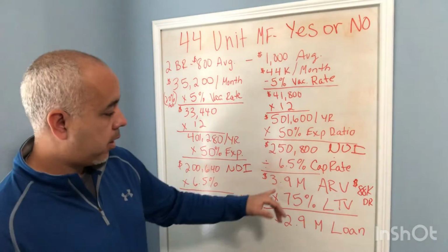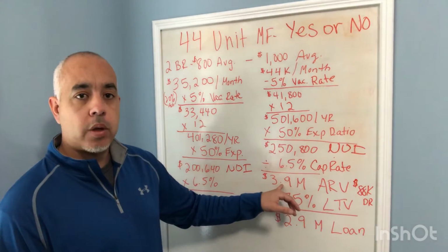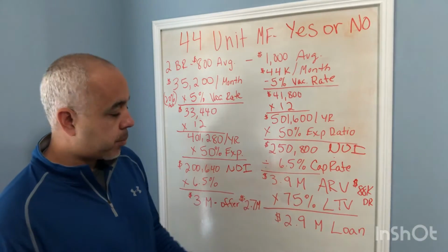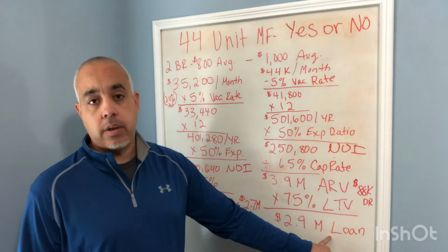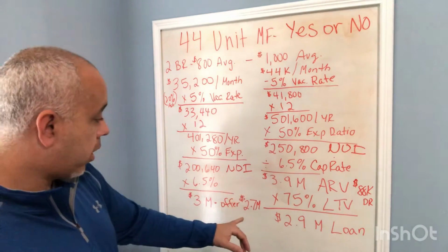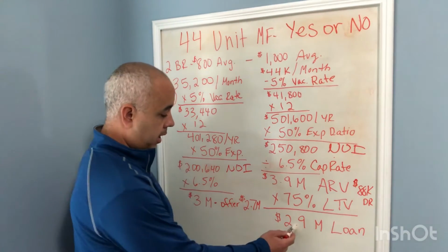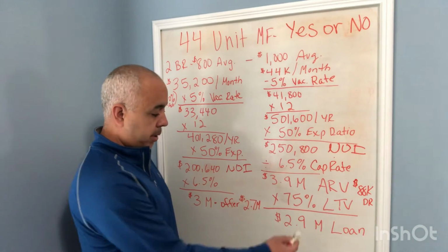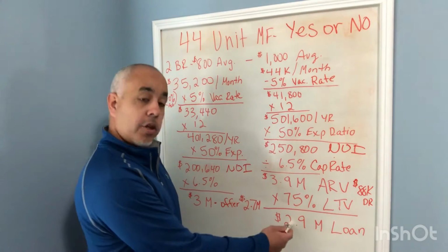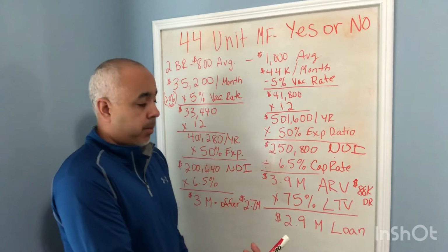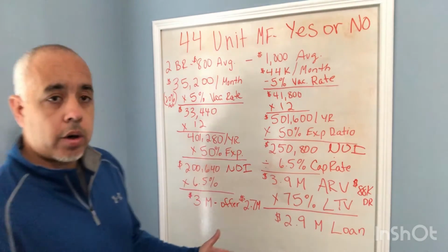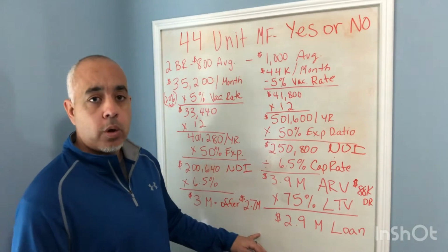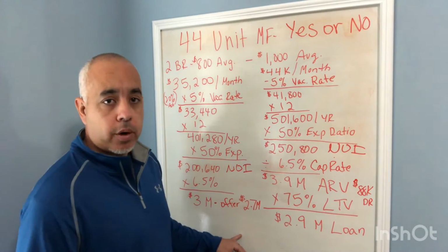So if an appraiser appraises at $3.9 million, you do 75% LTV, that's a $2.9 million loan. You want to make sure that your offer price comes in below that number, because if you're above it, you're going to be underwater on the property. You're going to owe more than what the property is worth.